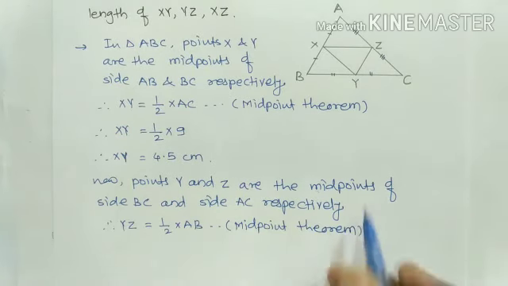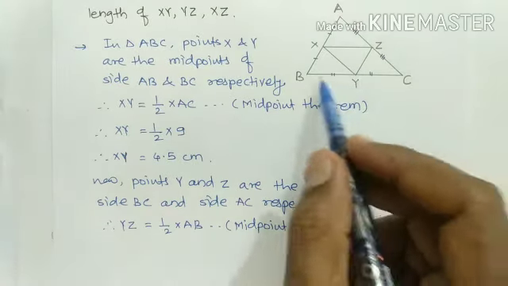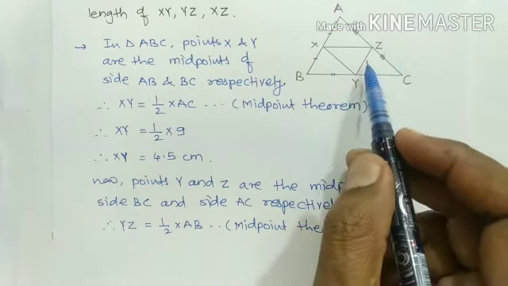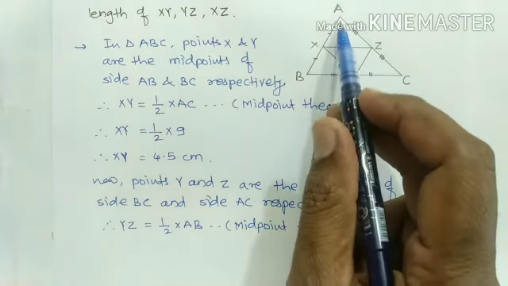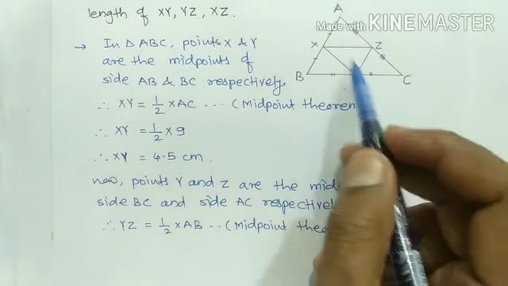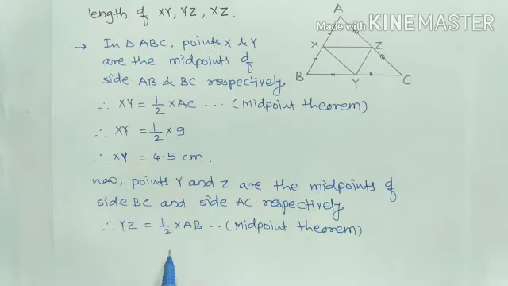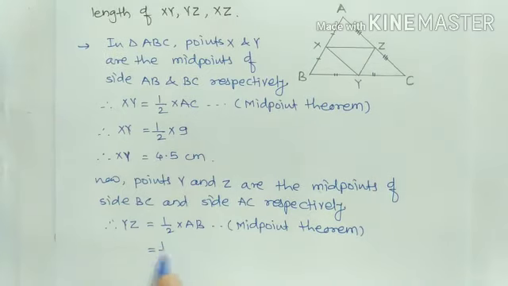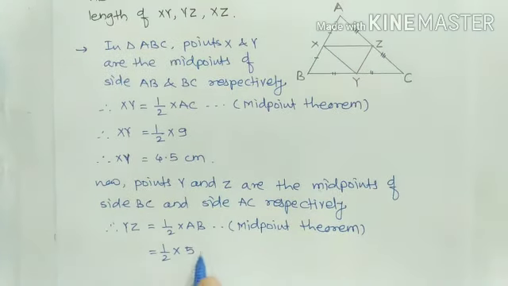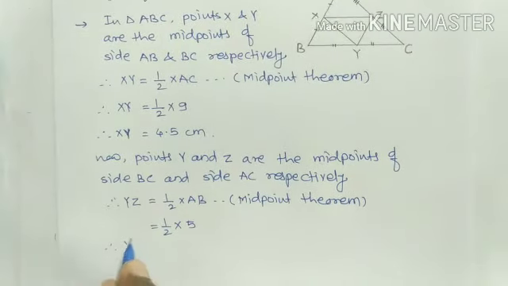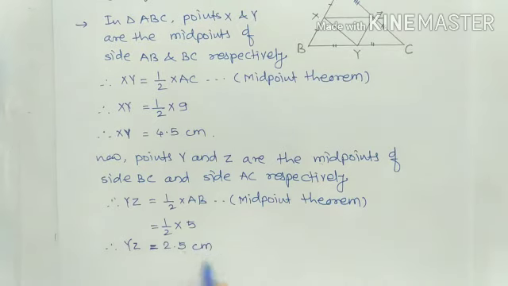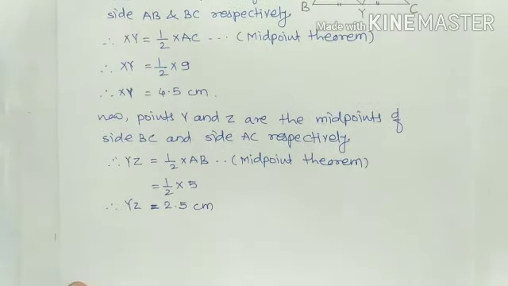See in figure, because points Y and Z are the midpoints of side BC and side AC, therefore the segment joining the midpoints of these two sides of the triangle is half of the third side. Therefore, YZ equals half of AB. The length of AB is given, which is 5 centimeter, and therefore YZ equals 2.5 centimeter.